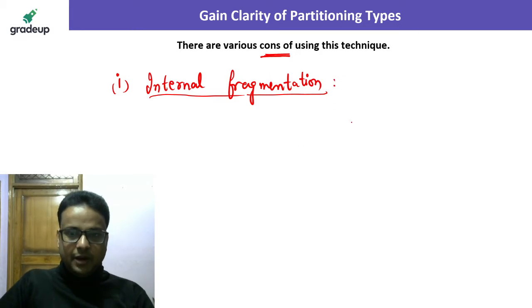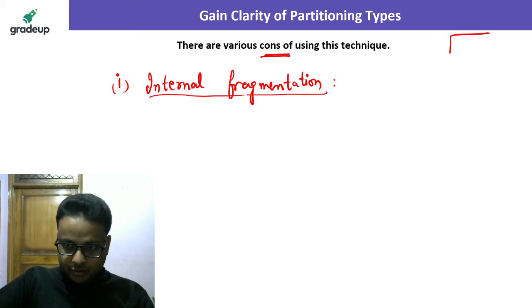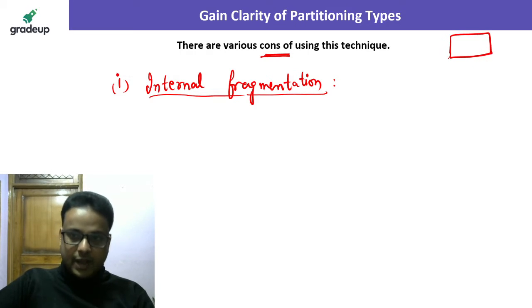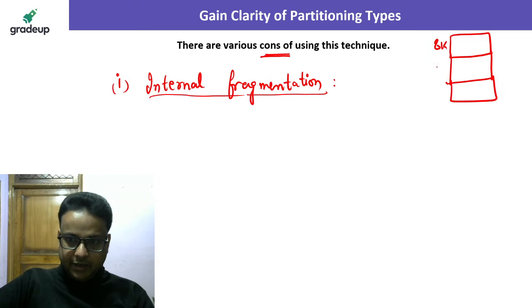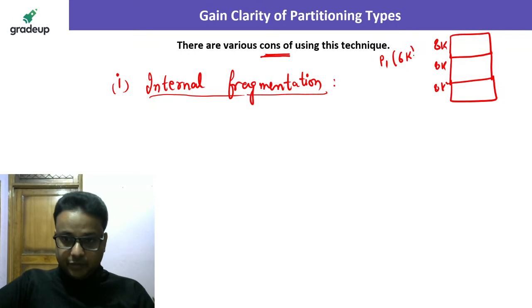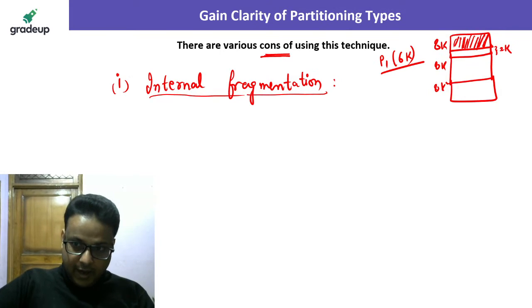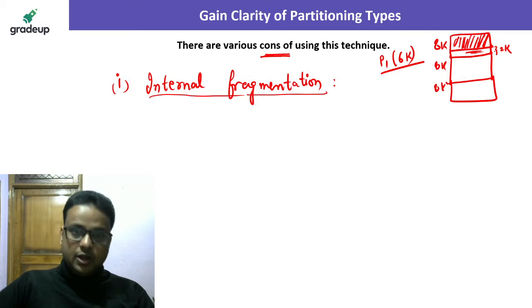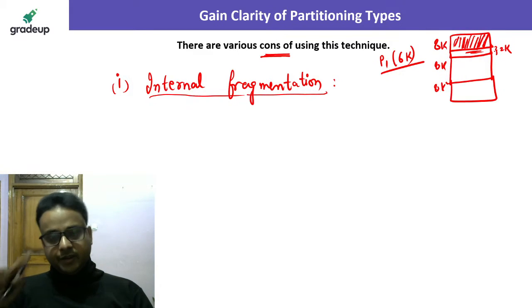What is internal fragmentation? Suppose I have memory, and the memory is divided into fixed sizes, let's say 8K, 8K, 8K. Now I have a process P1, and P1 requires 6K. So P1 will be allocated here and it will occupy 6K, and the remaining is 2K. In this 2K, no other process can reside.